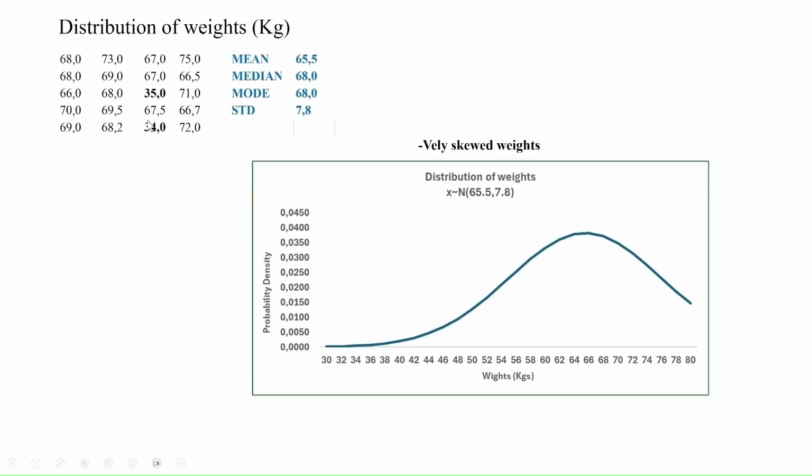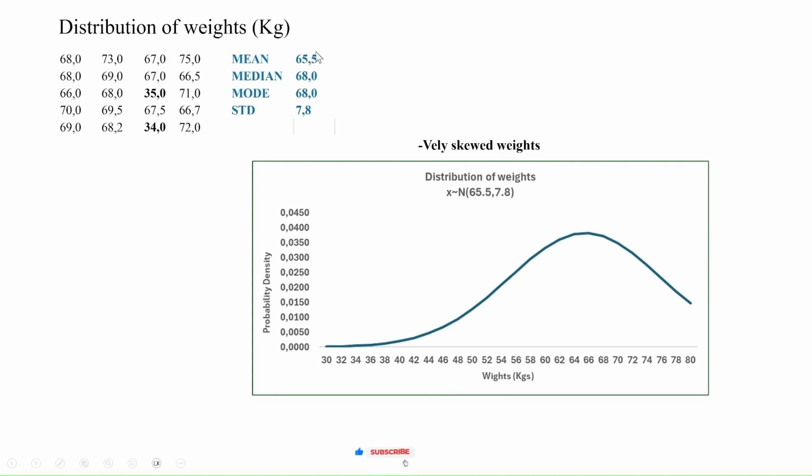The outliers here are contrary to the preceding outliers. These are extremely low outliers. The mean is 65.5, which is out of the range of the majority of weights that lie between 66 and 75.